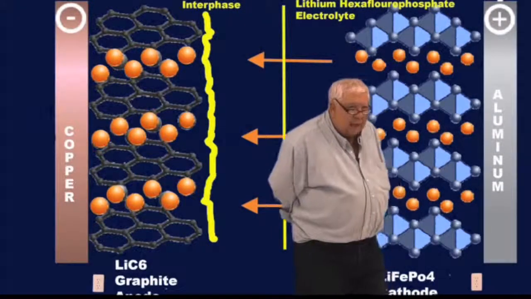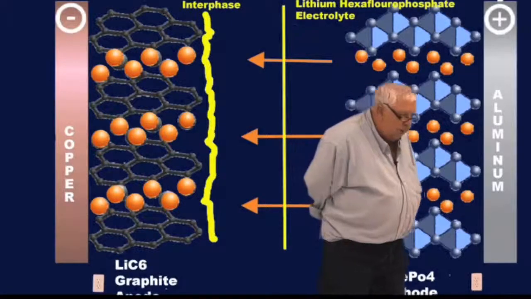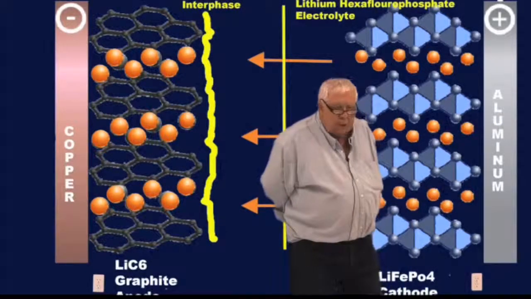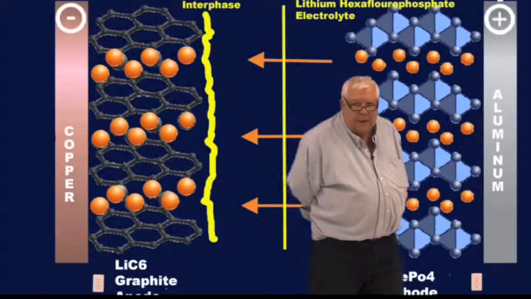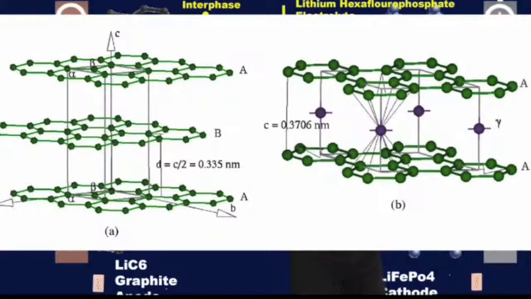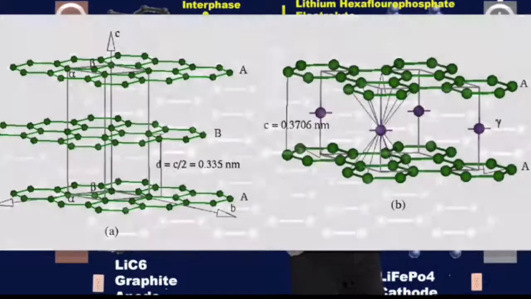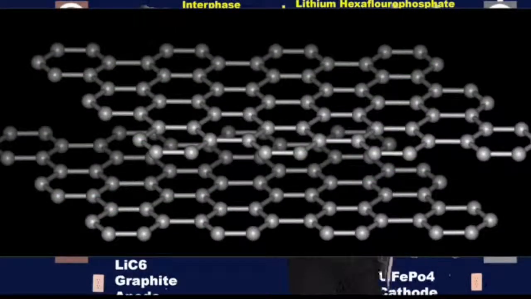Anode reality. Last week I described some very pretty AA-BB pairs of graphene sheets and a very orderly arrangement of lithium ions diffusing in between those sheets in a certain order and in a certain way.